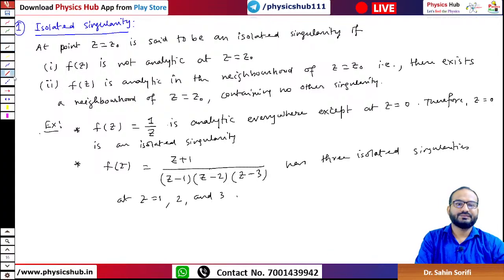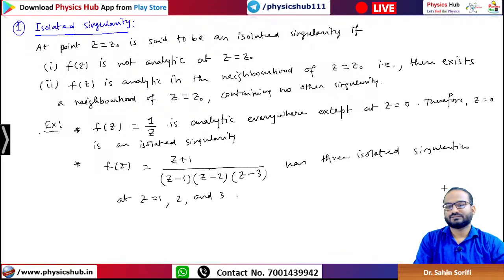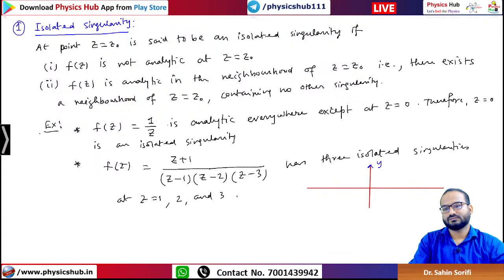So as you can see, this is 0, this is 1, 2, 3.